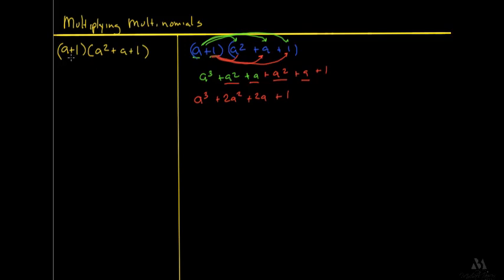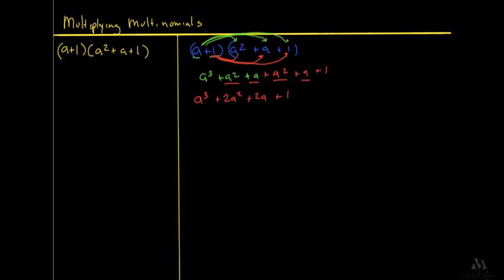And so multiplying a plus 1 times the multinomial gives us a cubed plus 2a squared plus 2a plus 1. Let's do another one.